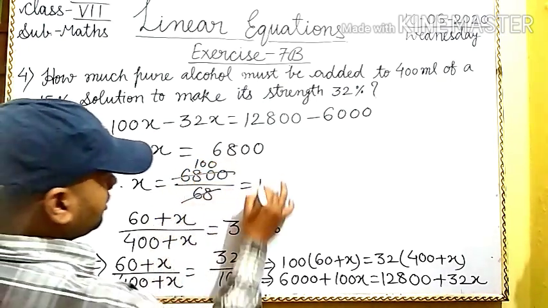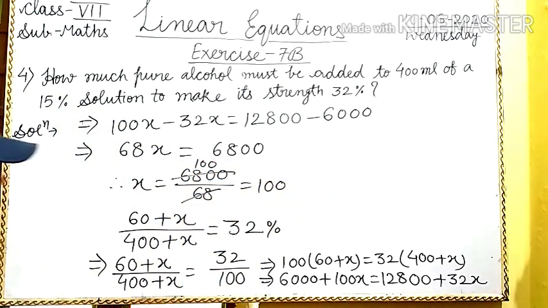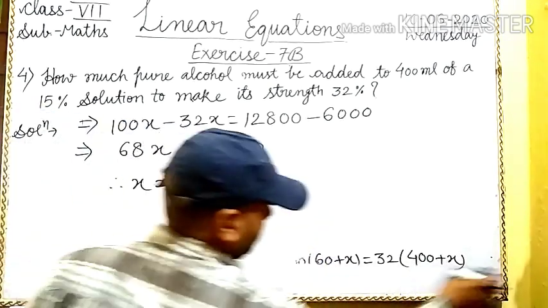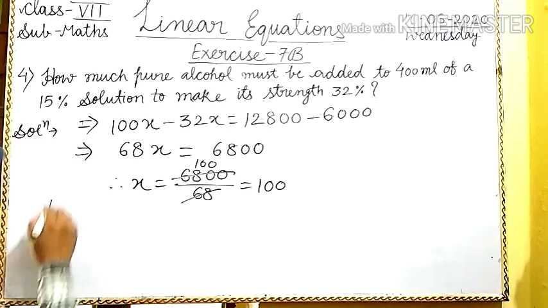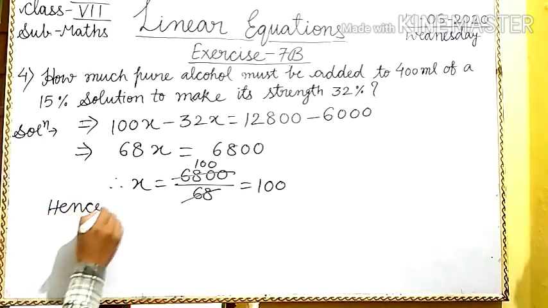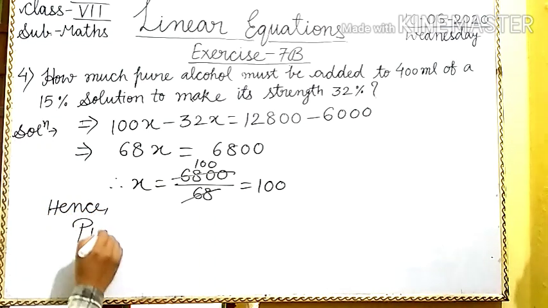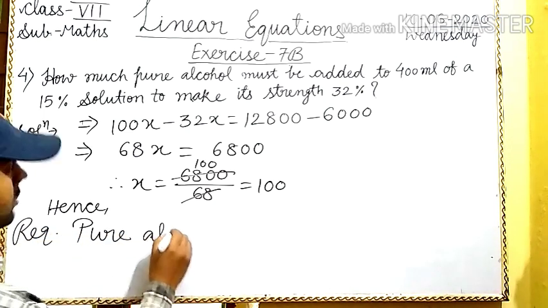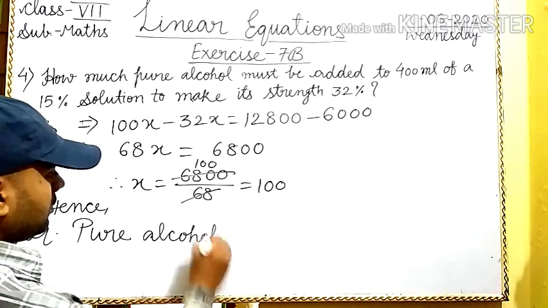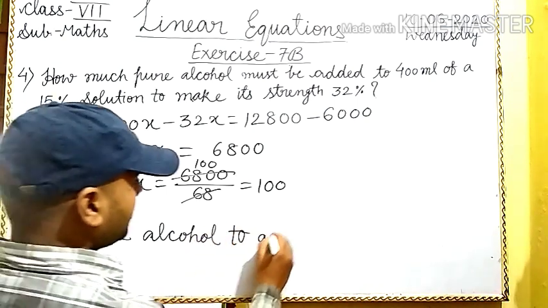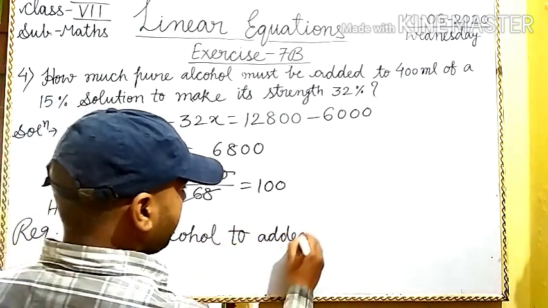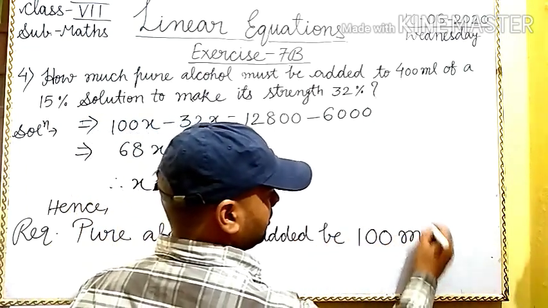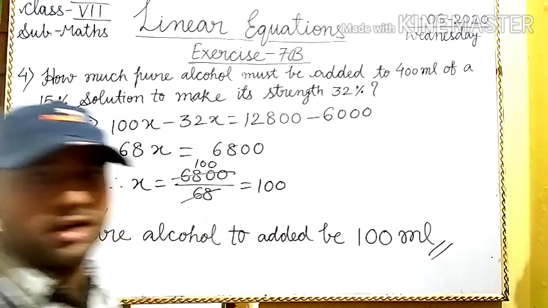Lastly we get x is equal to 100. Hence the required pure alcohol to be added is 100 ml. This is your required answer.